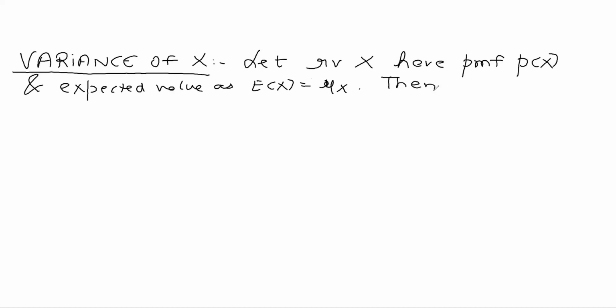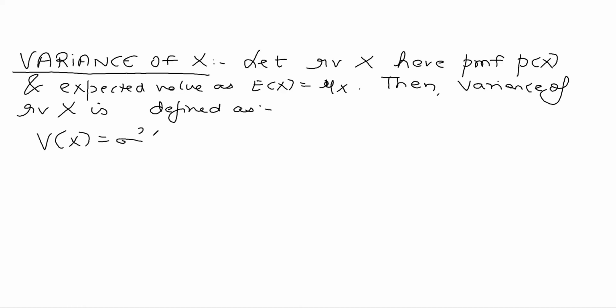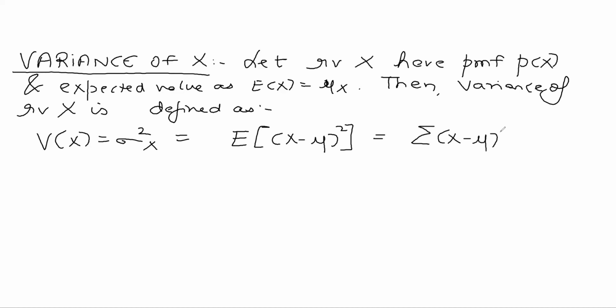Then the variance of the random variable x is defined as variance of x, denoted by sigma square x, is nothing but expected value of x minus mu square. What will expected value of x minus mu square be? Summation x minus mu square into p of x as x takes values in the domain D.